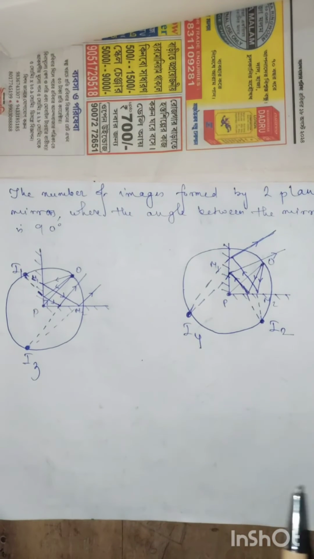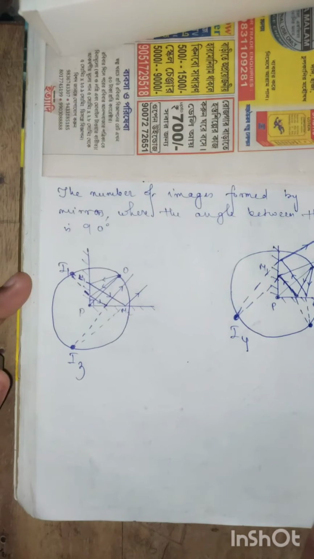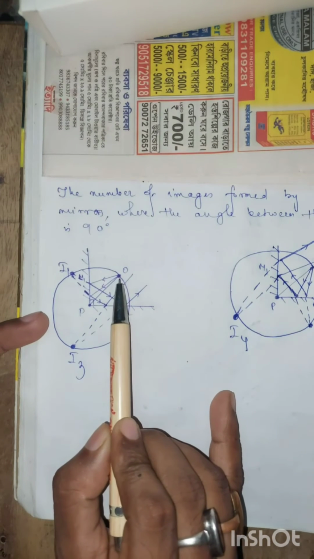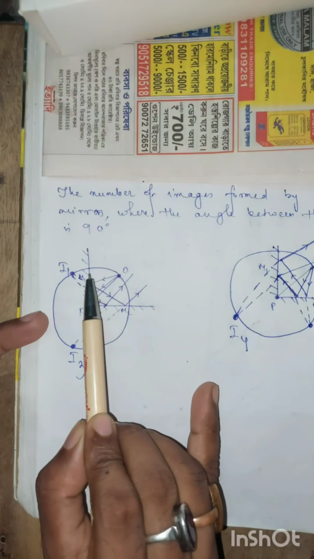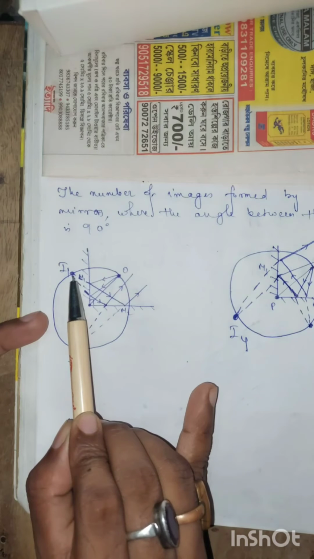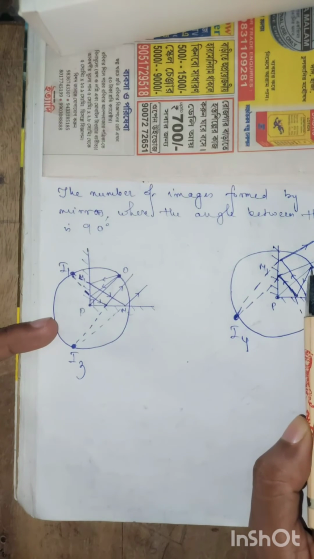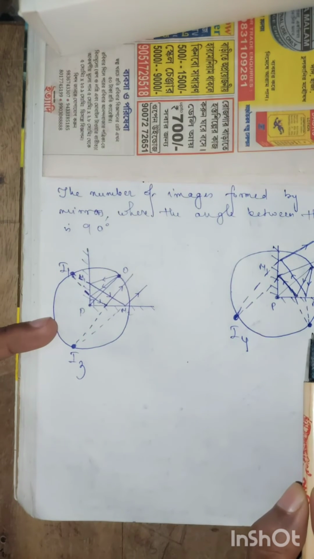Okay, so the direct image of O by mirror 1 is I1, the direct image of O by mirror 2 is I2.